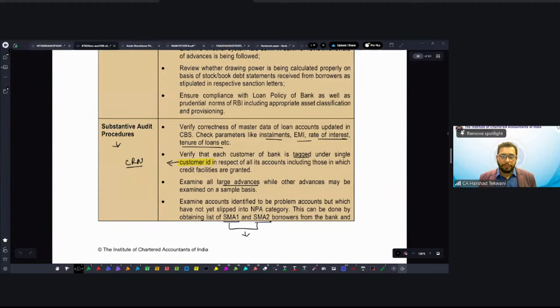Now, we will look into one more specific area. Before we proceed to that, any doubt with this one? Any doubt in the advances? Yes, no?